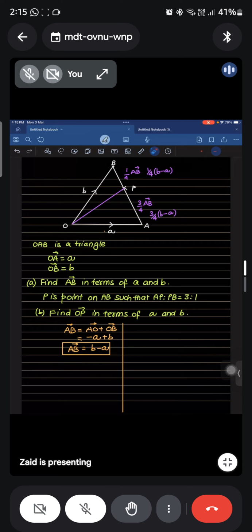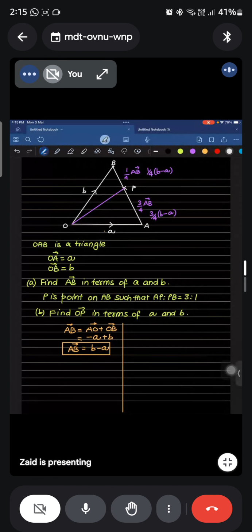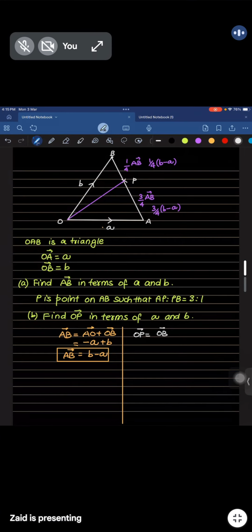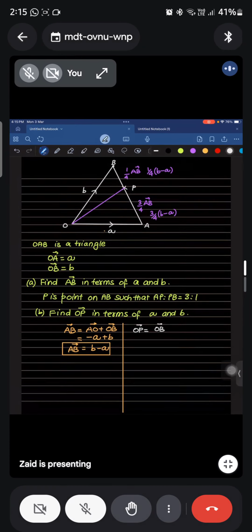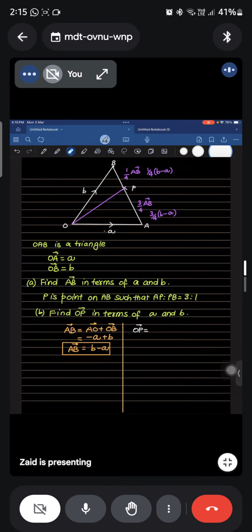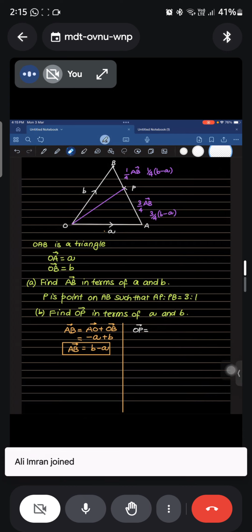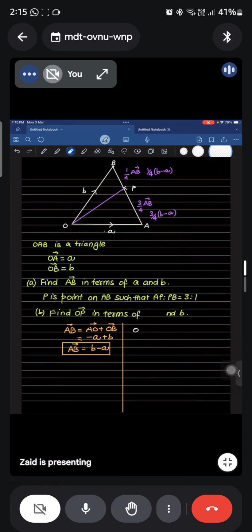So I have to find OP. You are going to make an expression for OP. Think about it. What is going to be the value for OP? So OP can I say OA plus AP. Yes, exactly.